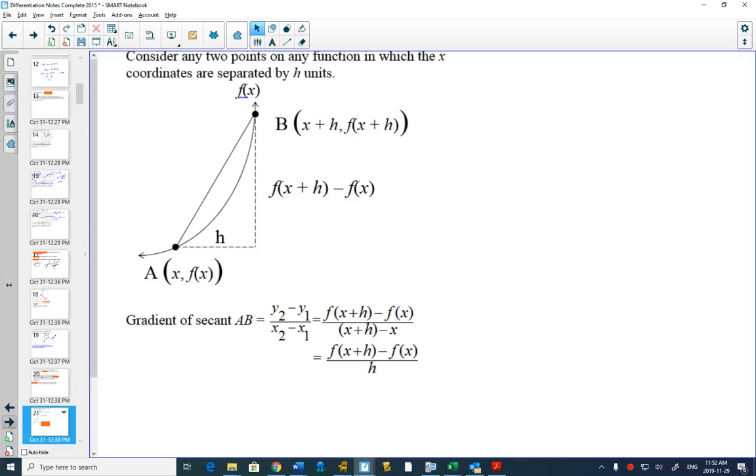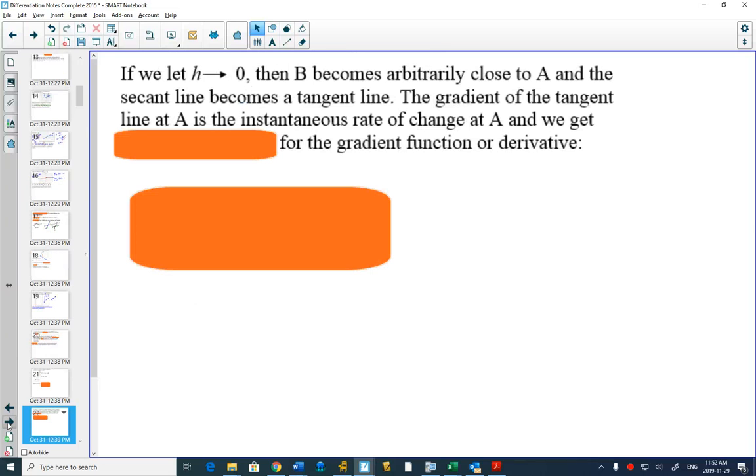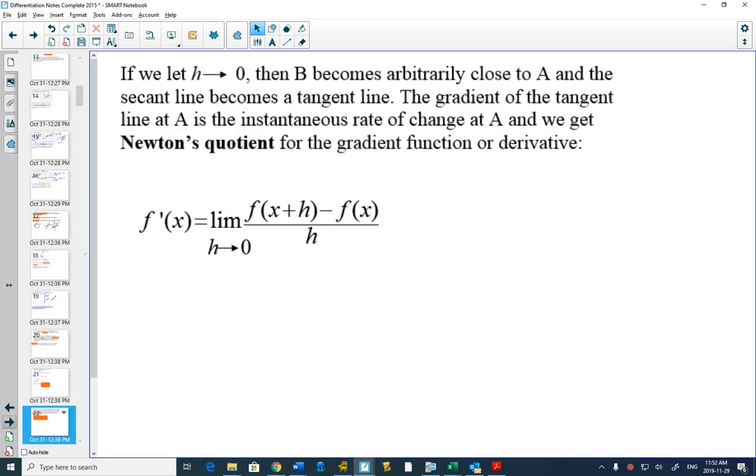And then here's the concept of the limit. If we let h go to 0, then the secant line is going to turn into the tangent line. And we would write our tangent line as a limit as h goes to 0 of our secant line.